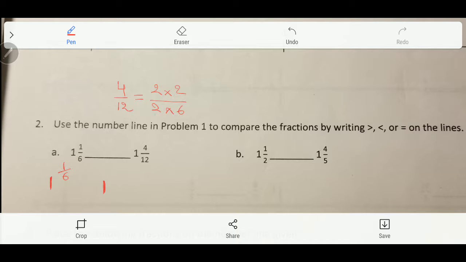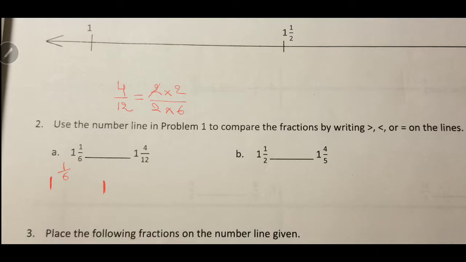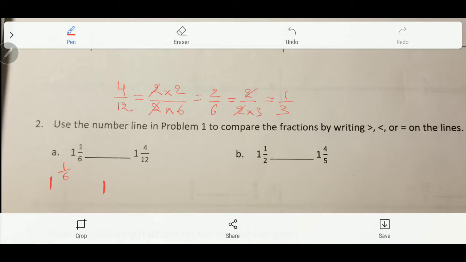So we're gonna cancel 2 and 2. It's 2 over 6. And we can still cancel this one. 6 is 2 times 3, right? If we cancel 2 and 2, that's 1/3.